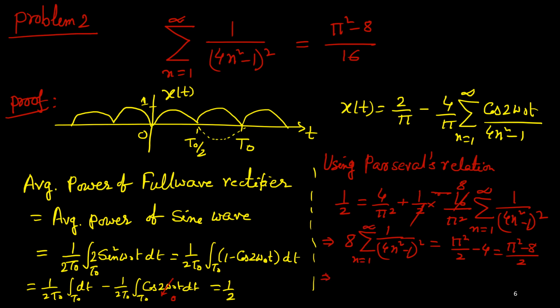And thus, you see this summation of 1 upon (4n square minus 1) whole squared, n equal to 1 to infinity, is simply pi square minus 8 upon 16. Okay, so this is proved.